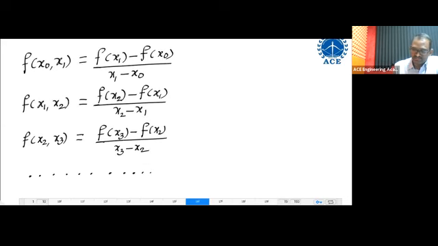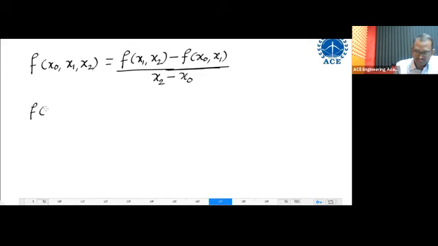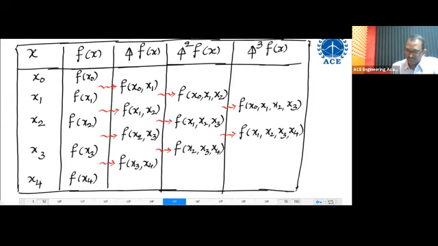Next, let us write this value f of x1 comma x2 comma x3. This value lies between these two. So this value is equal to this minus this.